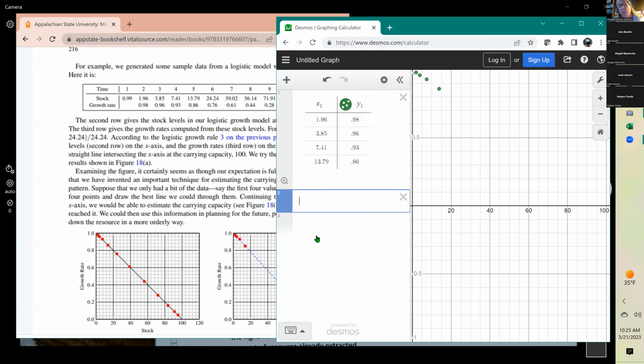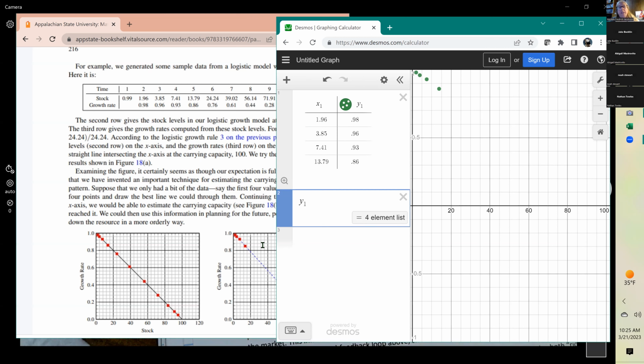Now, to get an equation and to find out how strong the relationship is, this is x1 and y1. Remember, a straight line is y equals mx plus b. So it'd be y1, but then instead of an equal sign, look where your number 1 is on your keyboard and look to the key to the left of it.